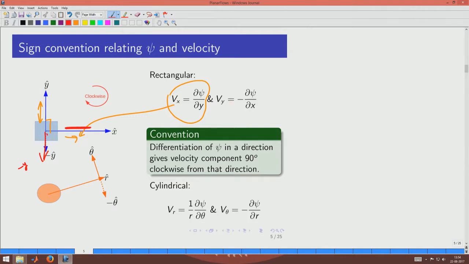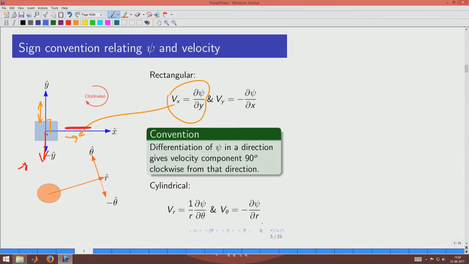So, this is the convention that is used, so that in any other coordinate system, if you want to define the velocity components and you follow this convention, then the sense of psi that we use will be the same in all the coordinate systems. For example, in the cylindrical coordinate system, the r vector is shown here.